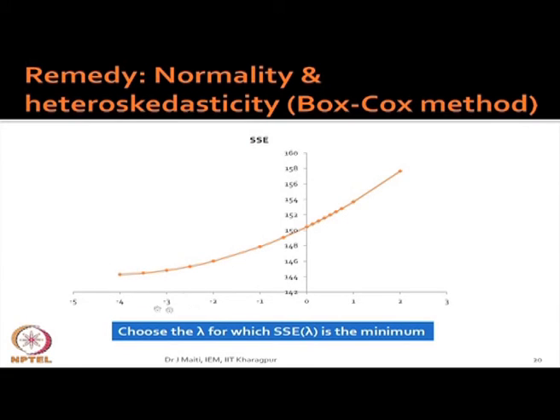At minus 2 level also it is 146 point something, but we have taken only a small amount of data. If you take large data that may be different, but it is saying that transformation is required.